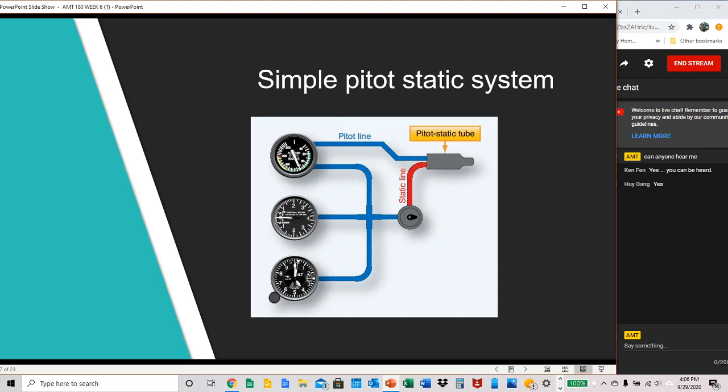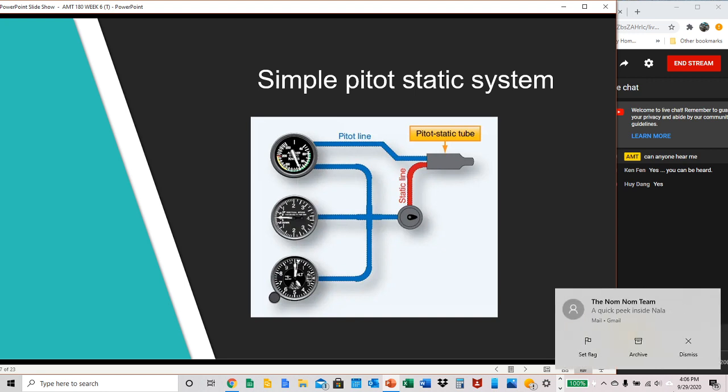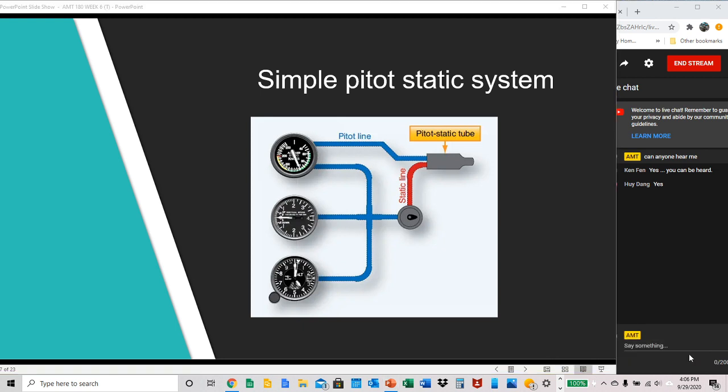I believe this picture is out of the 8083 handbook. This is just a simple diagram of your simple pitot-static system. You have your pressure sensing instruments, your static line, your pitot line, and an image of a pitot-static tube.